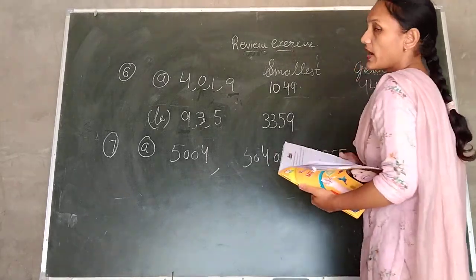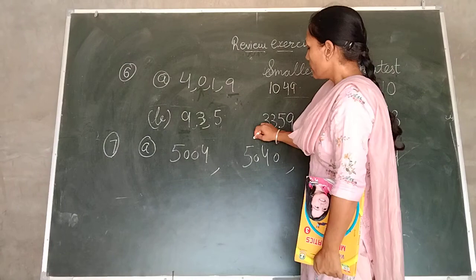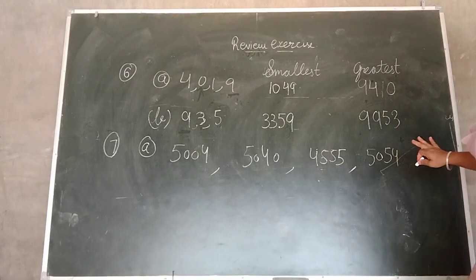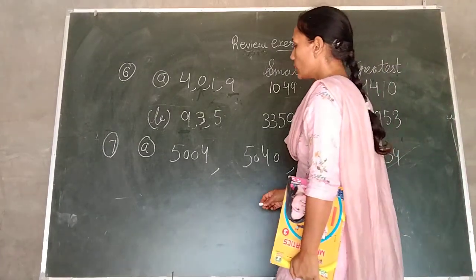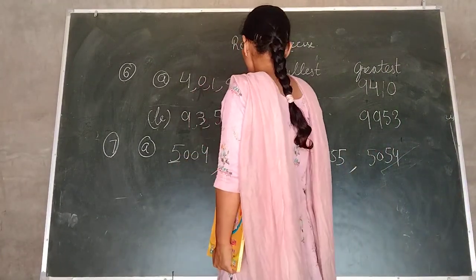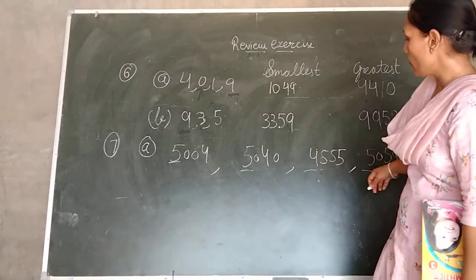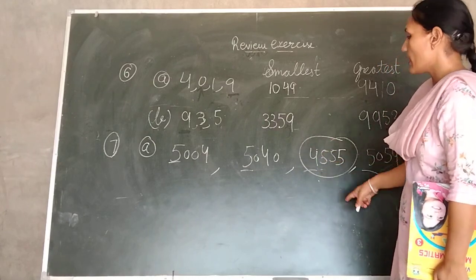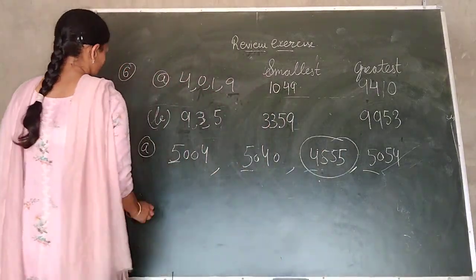Here we have to find the smallest number. First of all, we will count the number of digits. All the numbers are of 4 digits. Then we will compare the digit in thousand place. Here we have 5, 5, 4, 5. Which is the smallest? 4. So what it means? 4555. This is the smallest number.